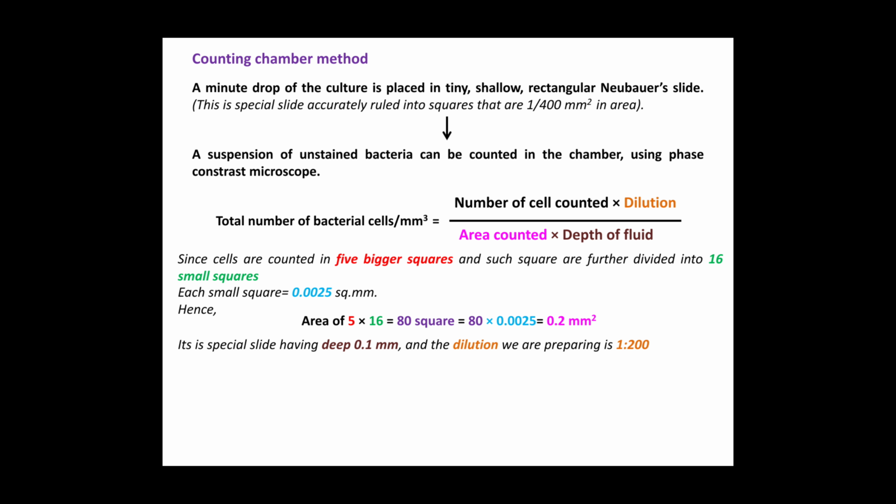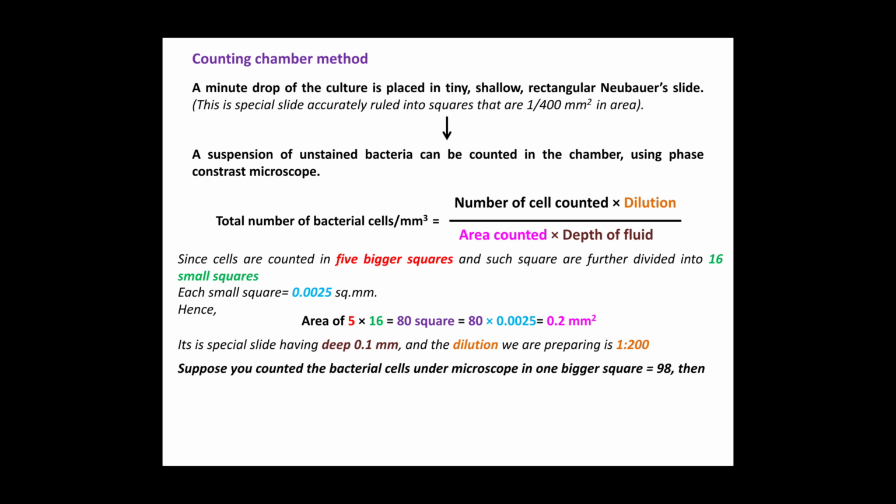So we got the three factors: dilution, depth and area. The dilution is denoted by orange color, depth is denoted by dark brown color and area is denoted by pink color. Now what we need is the cells counted in one bigger square.